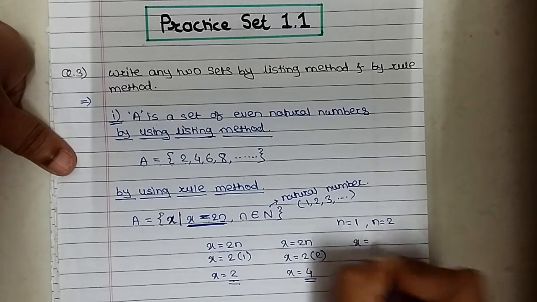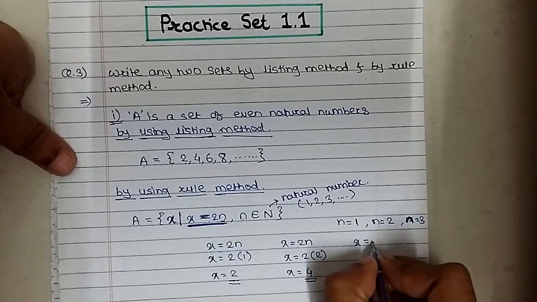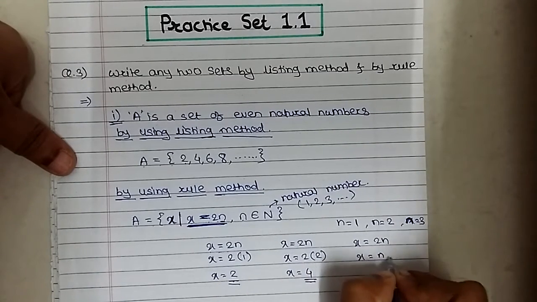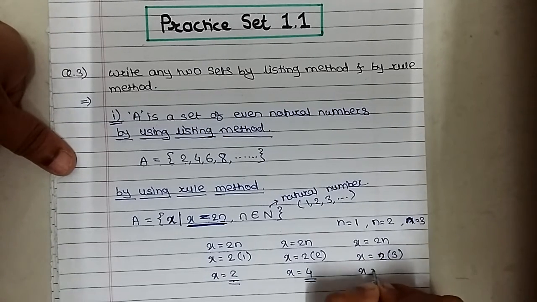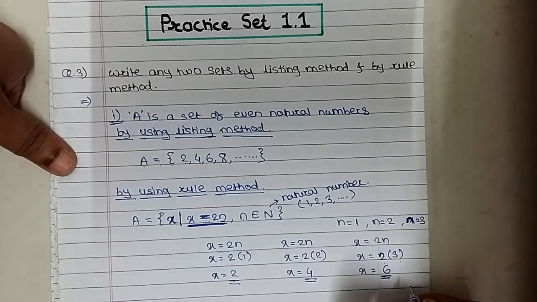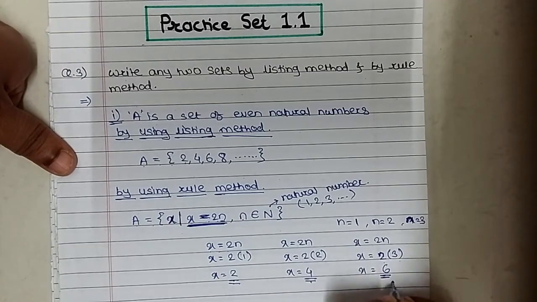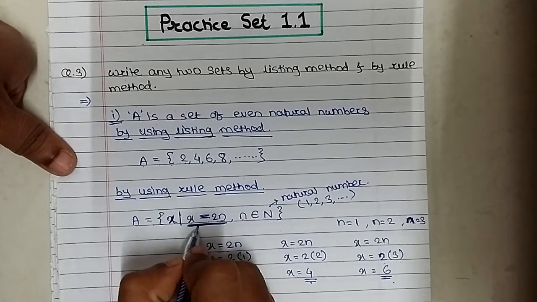Similarly, when n is equal to 3, x is equal to 2n, and instead of n we put 3. So x is equal to 2 into 3, which is 6. This is the third even natural number. So instead of writing the actual elements, we write one general format.